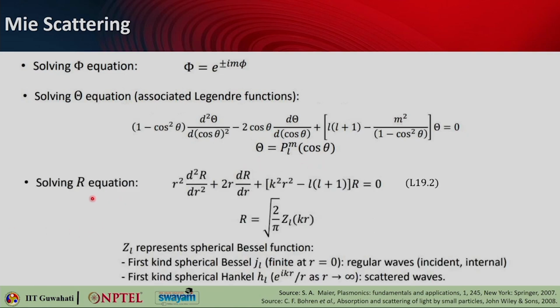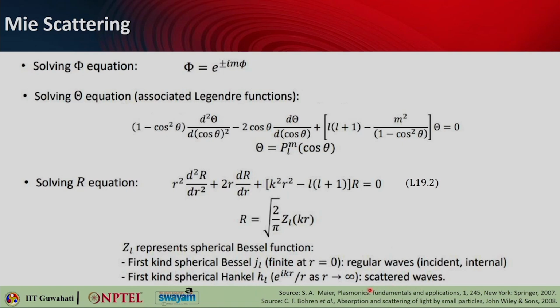And when you solve for the r function, the radial function, this is how it looks, and R turns out to be square root of pi by 2 kr times Z_l of kr, where Z_l represents the spherical Bessel function. In this equation you will require j_l, the spherical Bessel function of the first kind, which is finite at r equals 0, and for standing waves you can use it for the incident and internal cases.